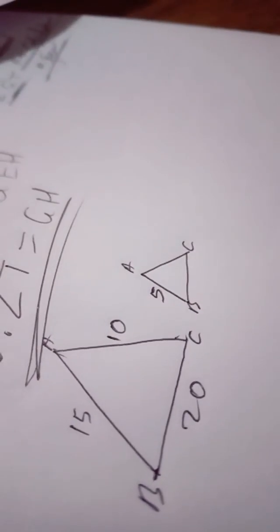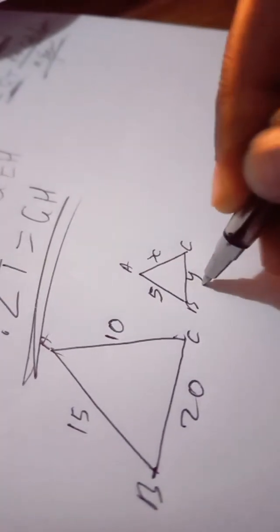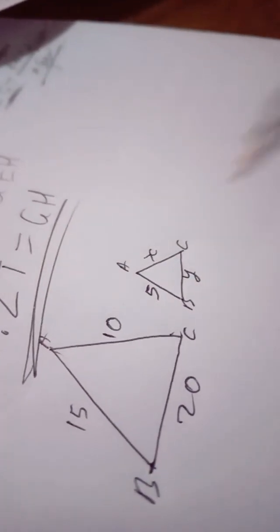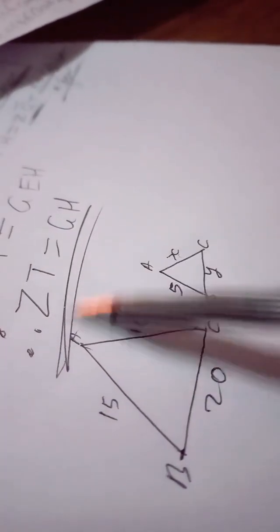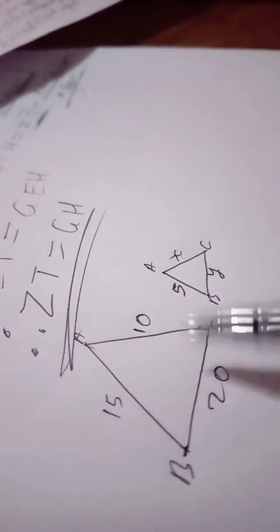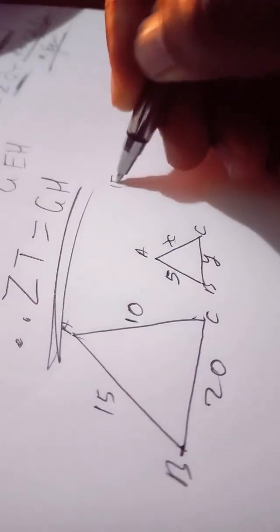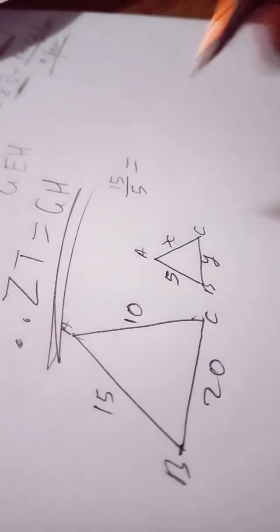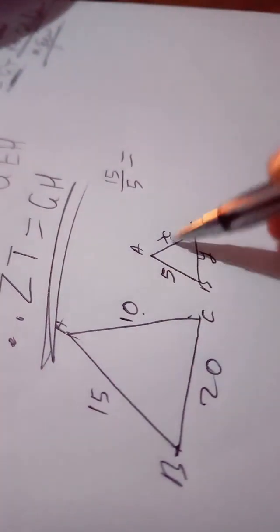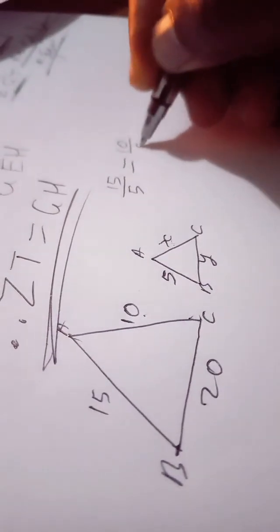And then you are told this is X, this is Y, and they say find X, find Y. Remember the relationship, the ratio of these sides, they are the same, because these two are similar. So if we take 15 and this 5, 15 over 5 must be equal to 10 over X.